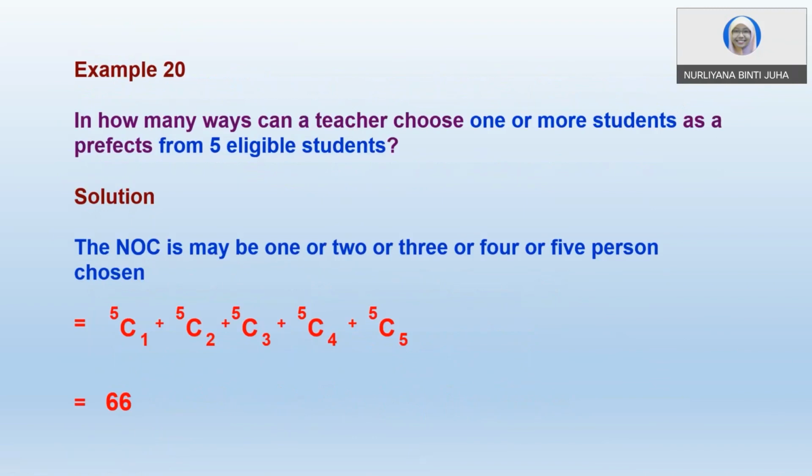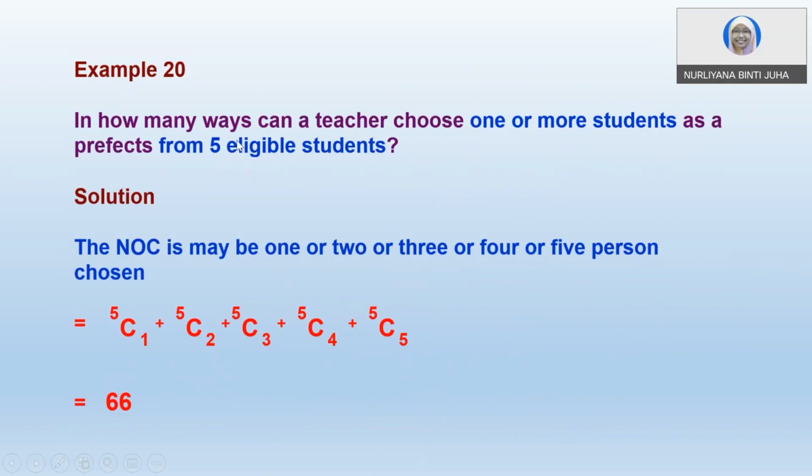And the last example, example 20: in how many ways can a teacher choose one or more students as prefects from 5 eligible students? So, berapa cara guru boleh pilih satu atau lebih student untuk dijadikan sebagai pengawas daripada 5 eligible students.